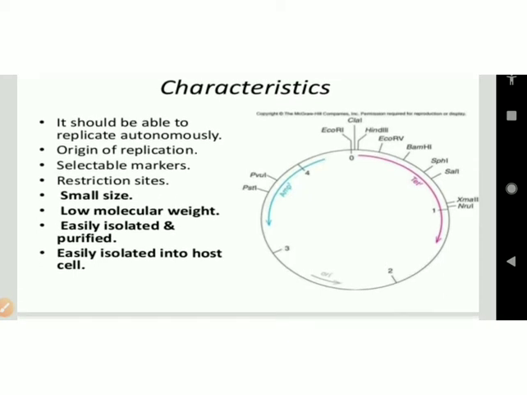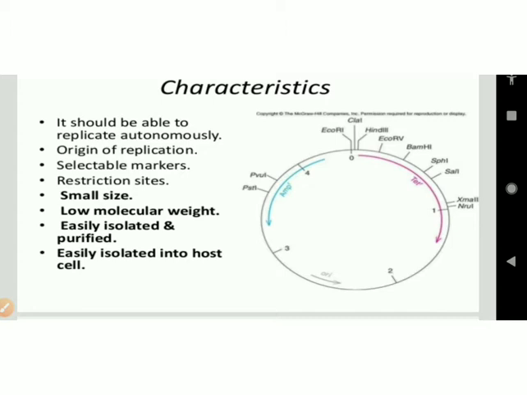Next is the origin of replication. A good vector has its own origin of replication, which is required in the bacterial or eukaryotic cell for the starting of replication of the vector. Next is the selectable marker.